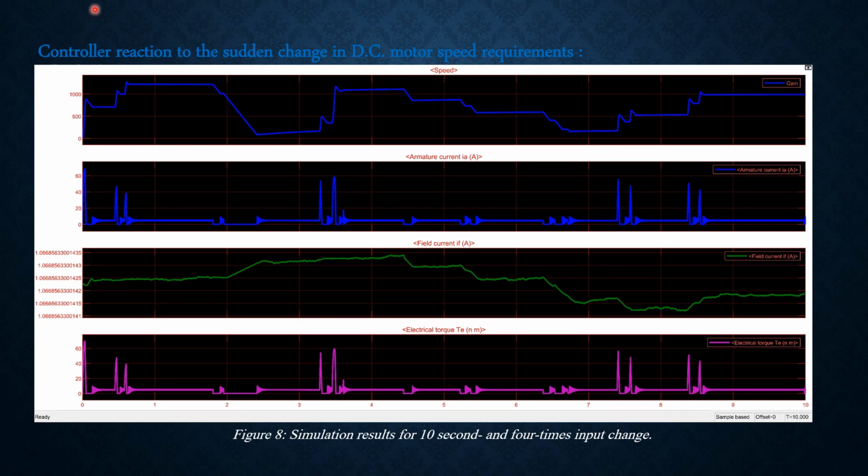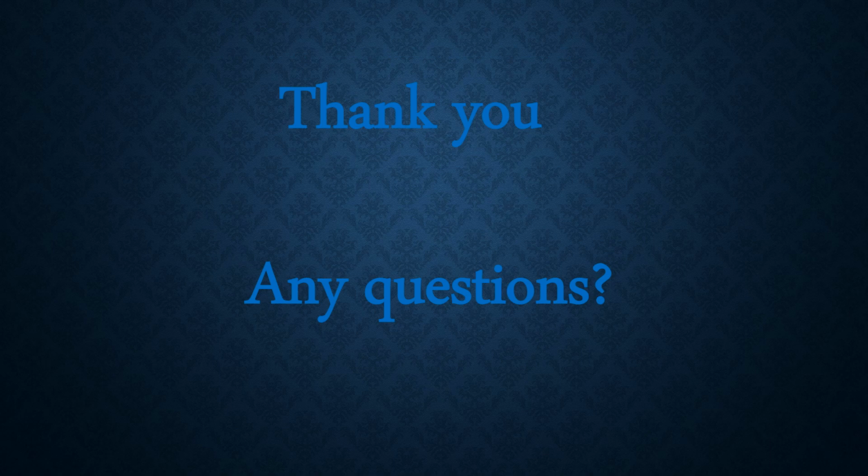In conclusion, this paper presents a comprehensive study on an advanced adaptive nonlinear speed control system for DC motors, employing a PID controller. The research highlights the efficiency, accuracy, and robustness of the proposed control system in maintaining a constant speed, even in the face of load variations and sudden speed changes.